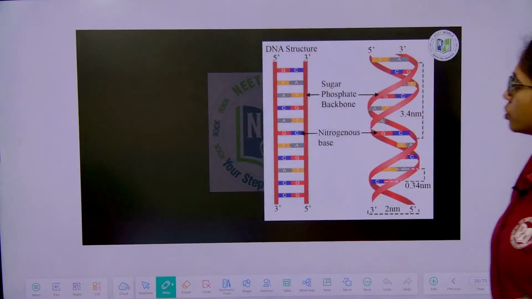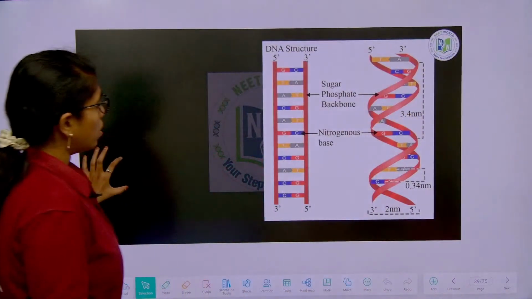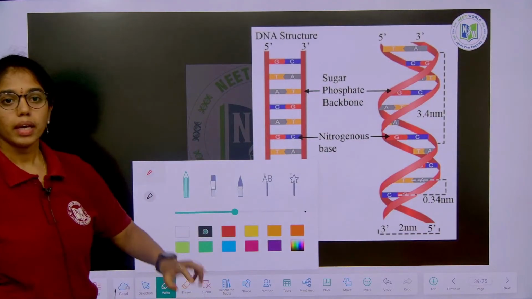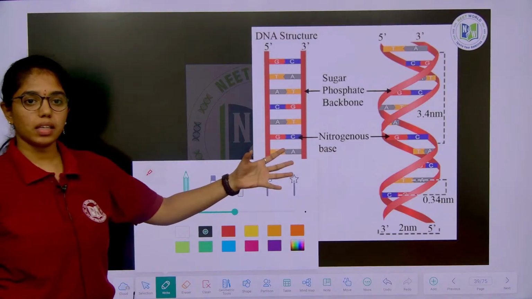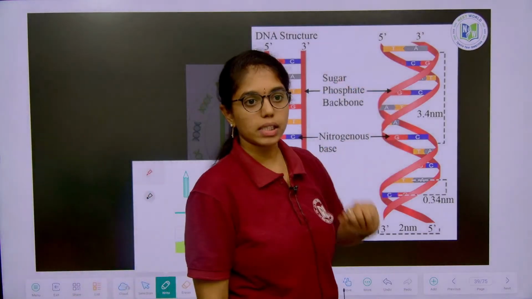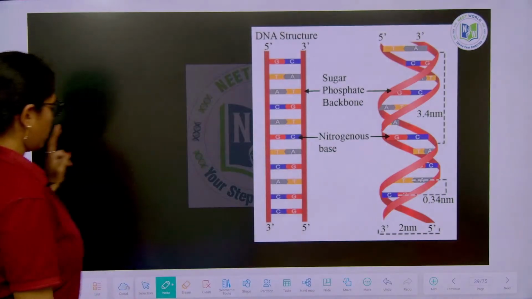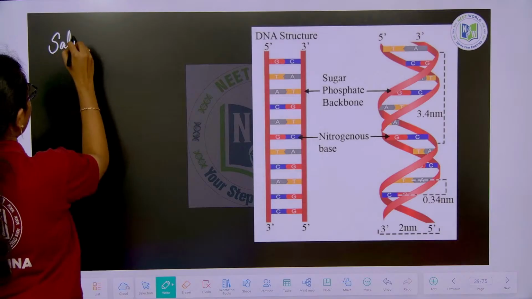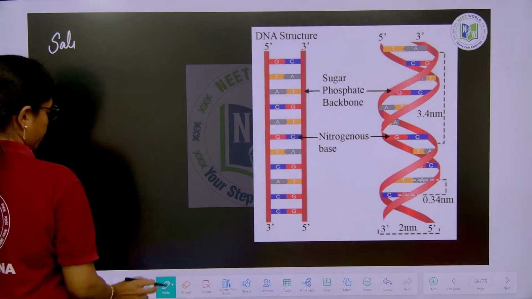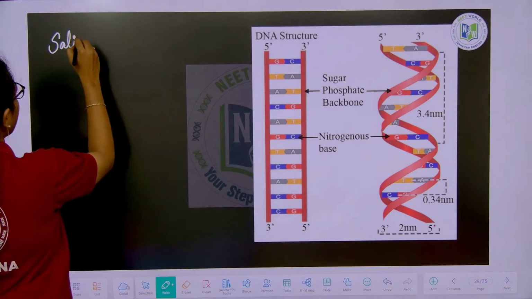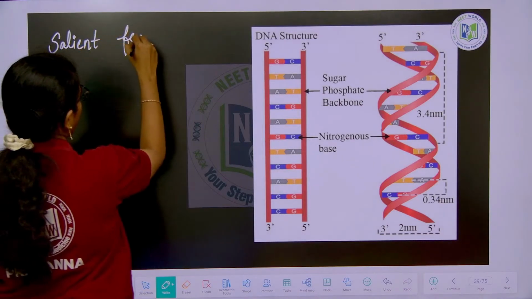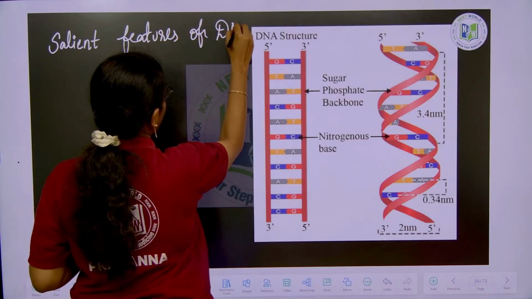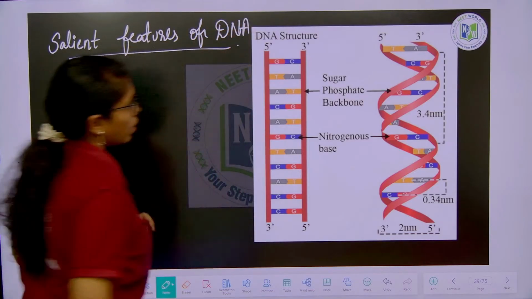And then we'll also discuss the salient features of DNA here. Okay, if you are clear here, then the transition will be easy for NCERT 12. Let us recall the salient features of DNA.